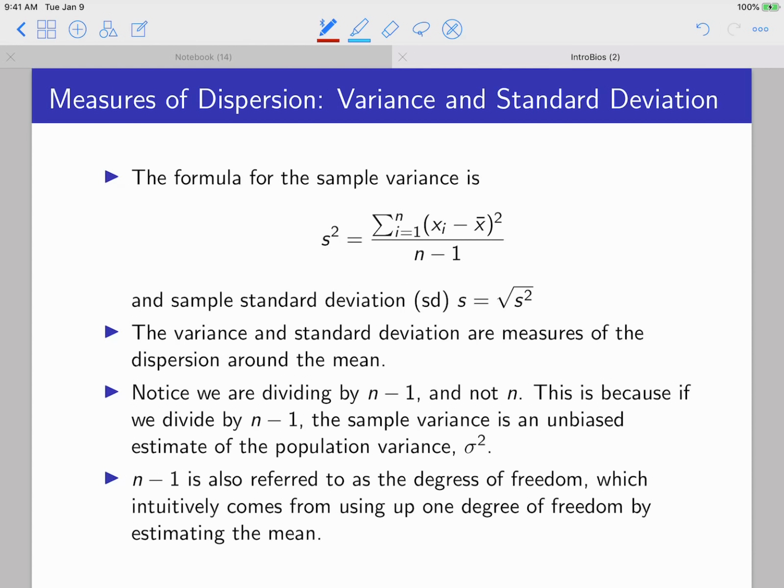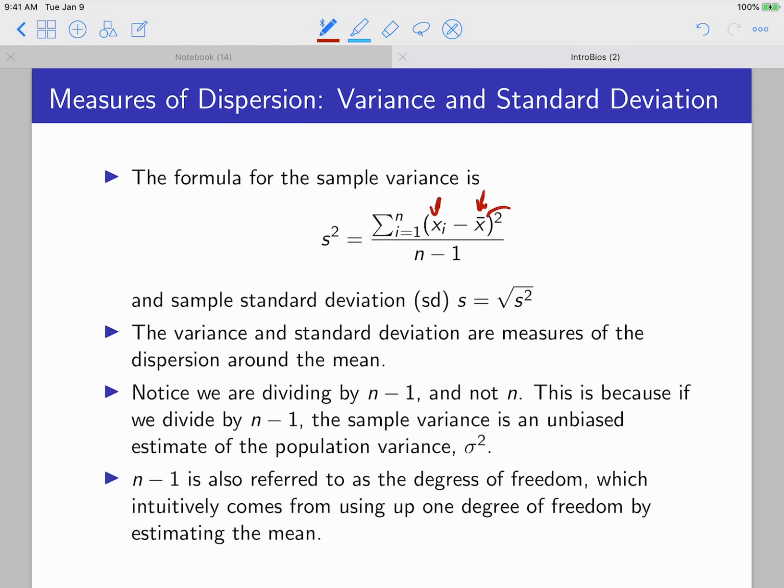So what is the formula? What's going on in the formula? Well, basically, in the numerator you see the sum of all the squared deviations of each observation from the sample mean. So we have the difference between each observation and the sample mean.